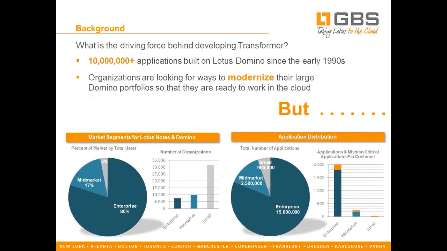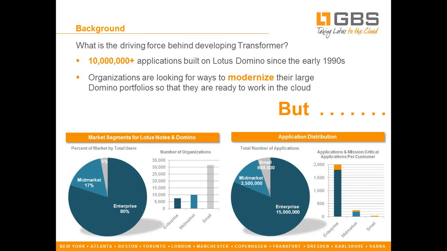So just a bit of background before we actually get into what the transformer technology does. The driving force behind the development of transformer as a technology for GBS was when we did some market research. Based on our market research in conjunction with specific customers that we've engaged with over the years, we discovered that since the early 1990s, there have been over 10 million applications built on the Lotus Domino platform.